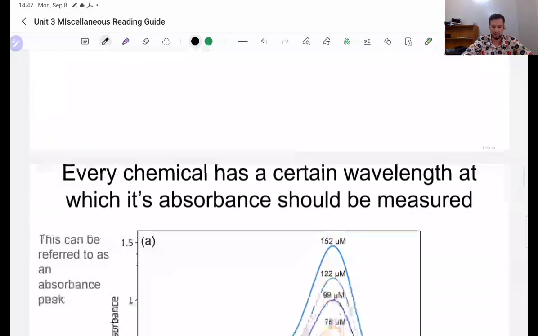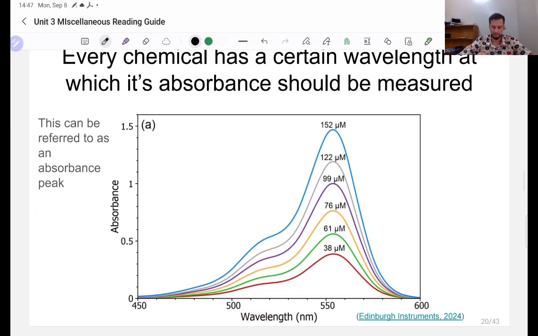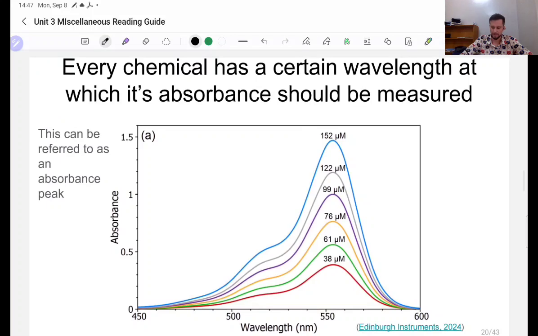So for example, for this chemical, you should be measuring around here, which looks like 555 or something like that, if I'm looking at this graph correctly. And this can be referred to as an absorbance peak.